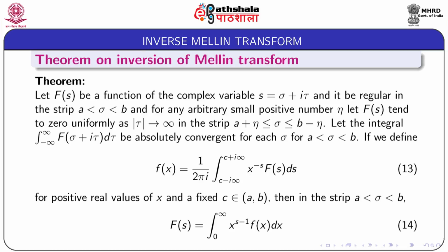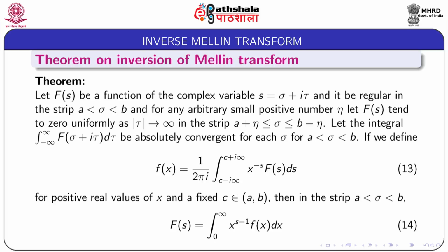Let the integral from minus infinity to plus infinity of capital F(sigma plus i tau) d tau be absolutely convergent for each sigma, for a less than sigma less than b.